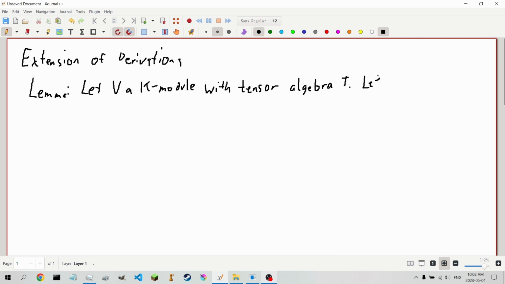We're going to let U be an endomorphism of V, which means it is in the general linear algebra, of course.